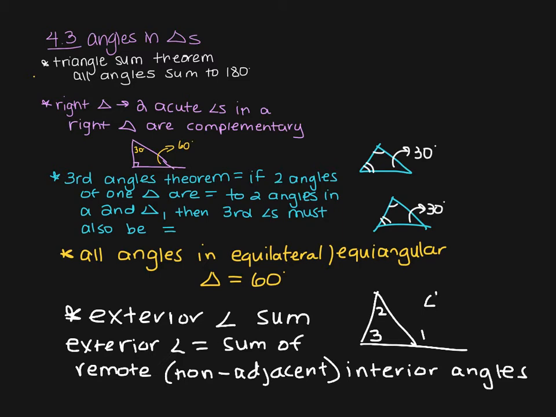So in this case, angle 1 would equal angle 2 plus angle 3. And there's a couple of questions, again, from your packet, I'll mark them at the end when we get through all of chapter 4.